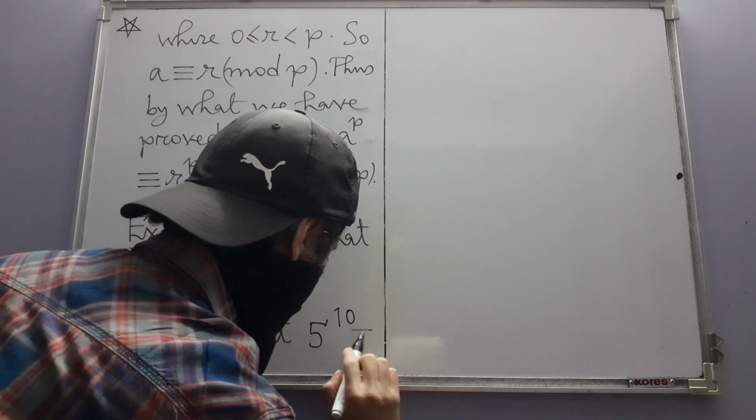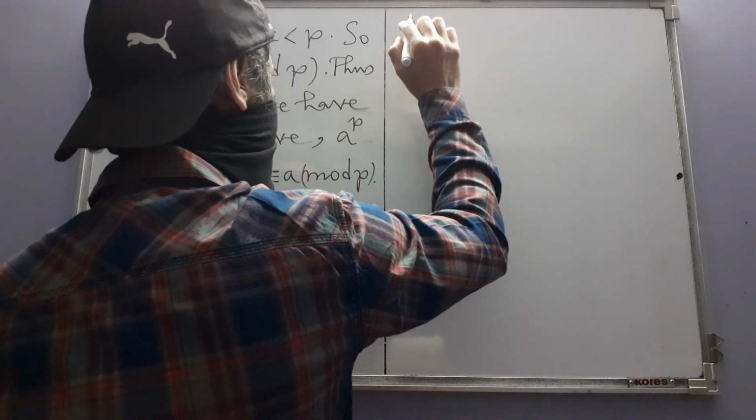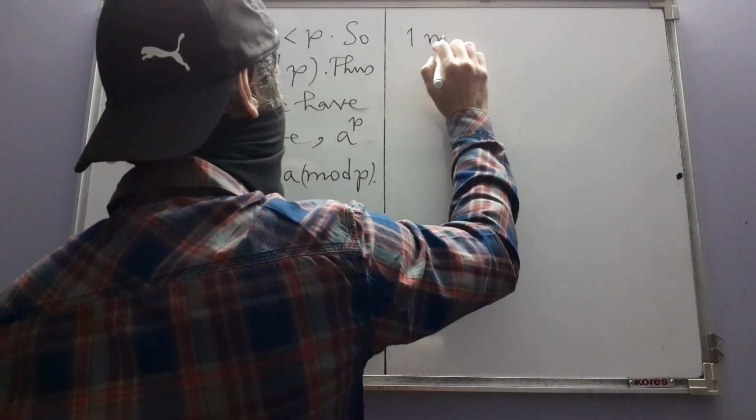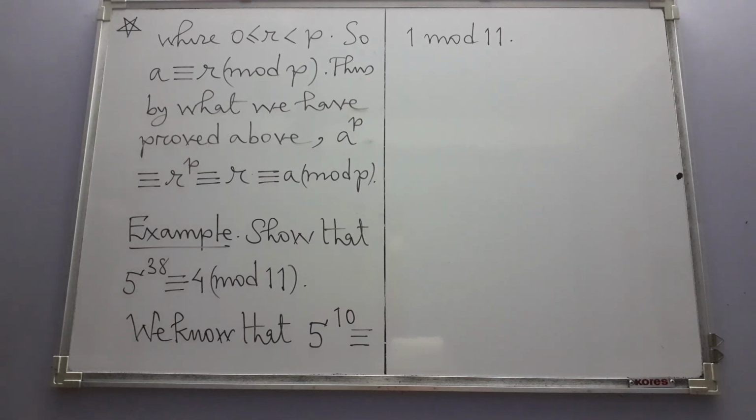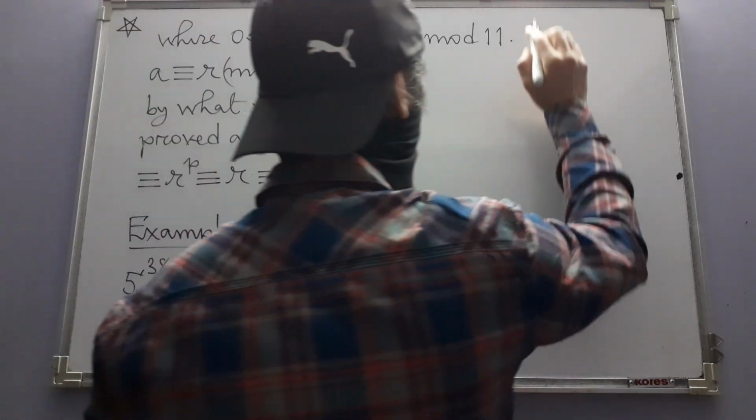Can write the congruence sign here itself. Alright, now we can of course write 5 to the power 38 as this.